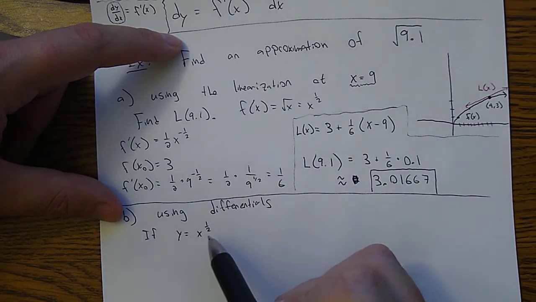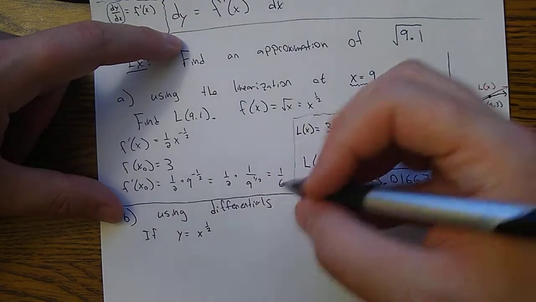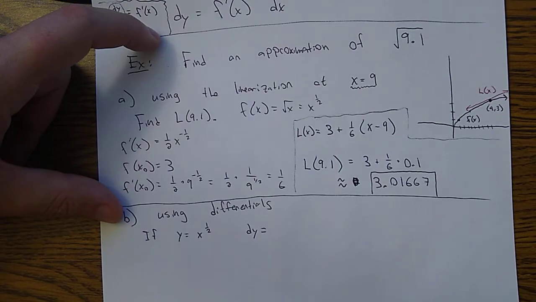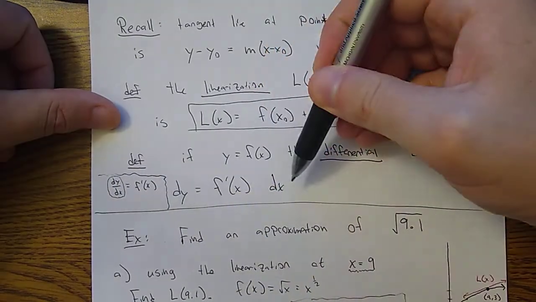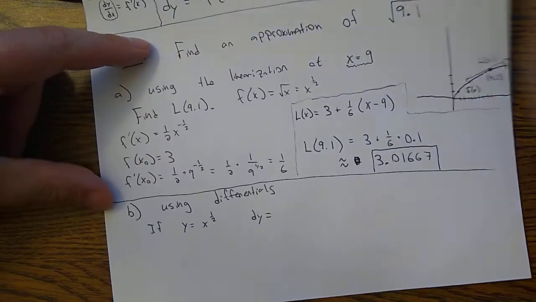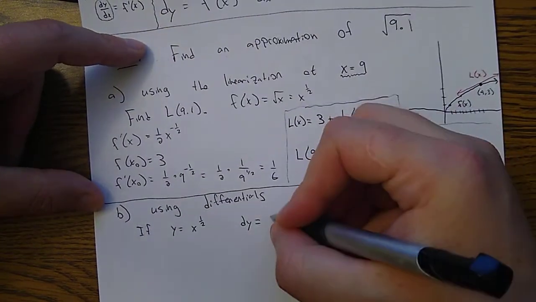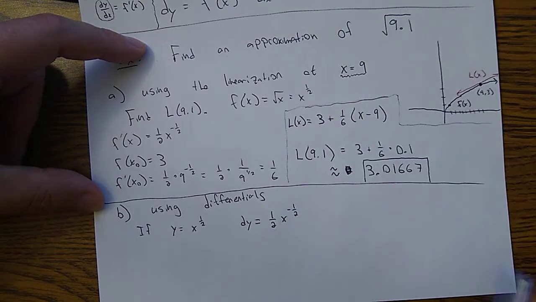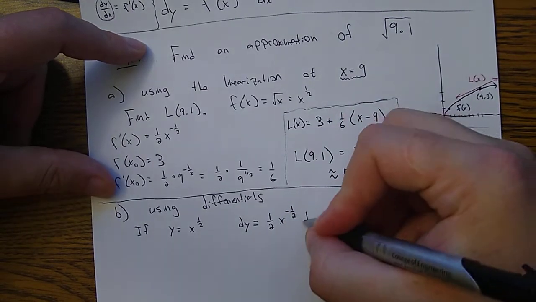I'm going to consider the same function, x to the 1/2, and find its differential. The differential is just the derivative times dx. We already found the derivative of this, but it's that times dx.